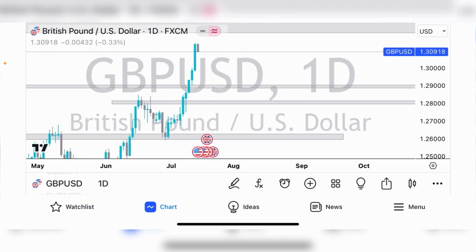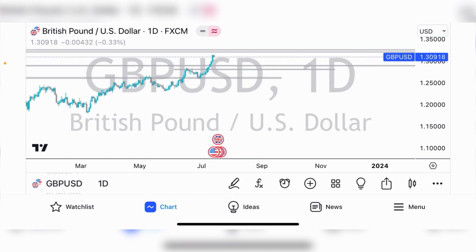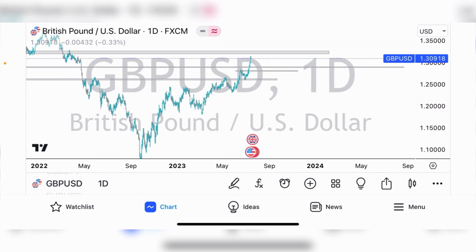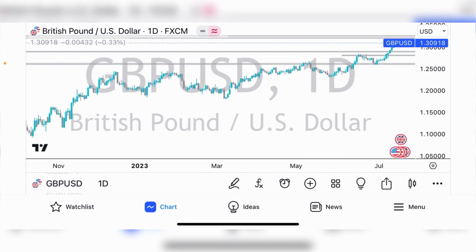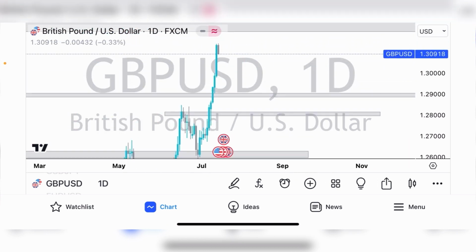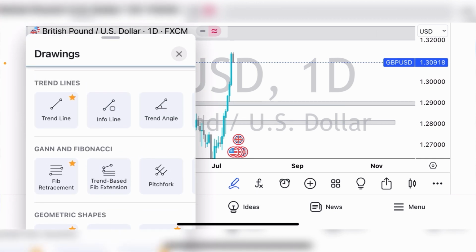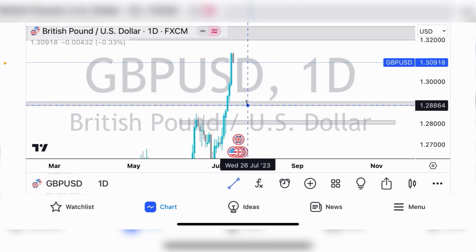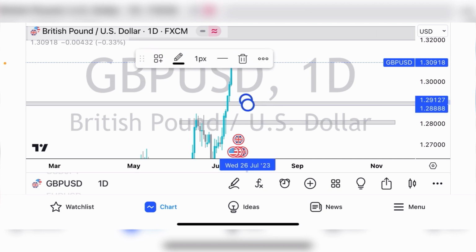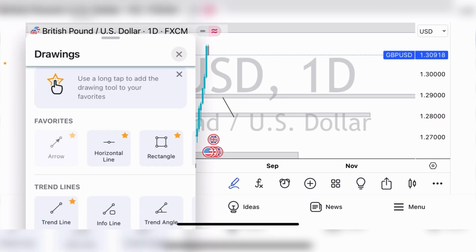Yeah, I expect the market to come down back around here. Expect it to sell till this zone. Actually, this zone. Expect it to sell till this zone.